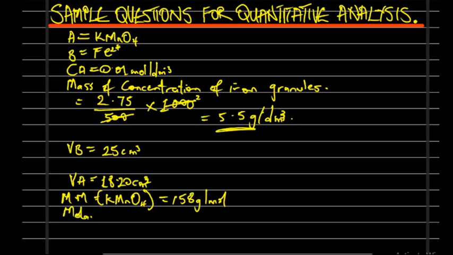This that we have here is the molar mass of potassium permanganate, so we shouldn't get it wrong, please. And this one here is the molar mass of iron, 56 grams per mole. So let us now go to answering the questions.